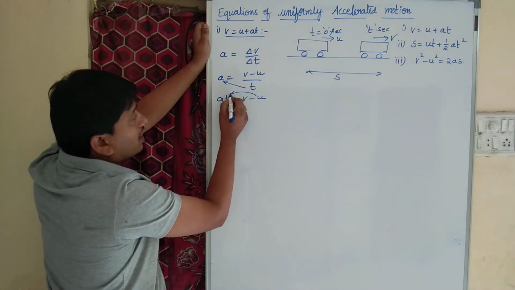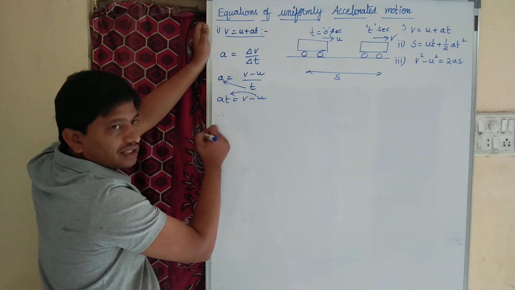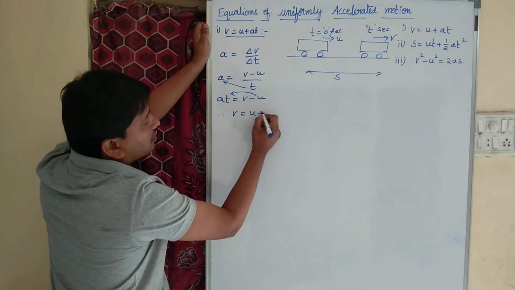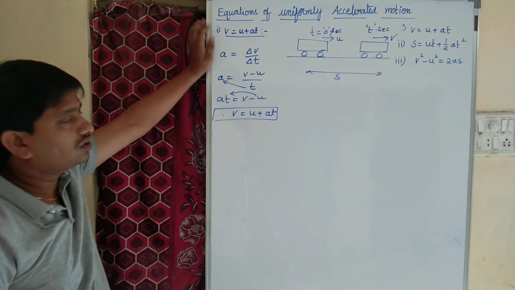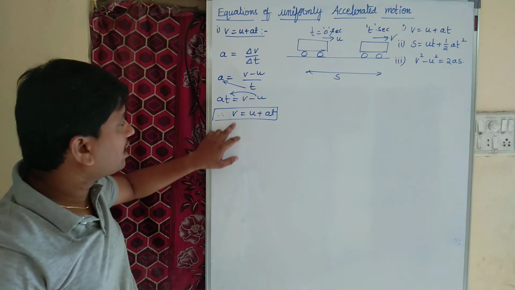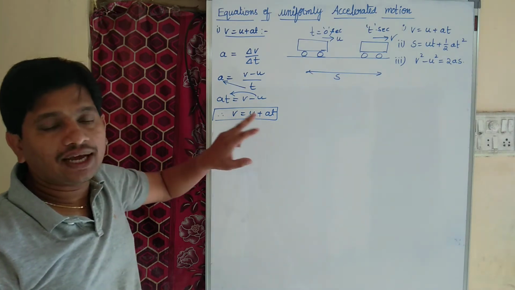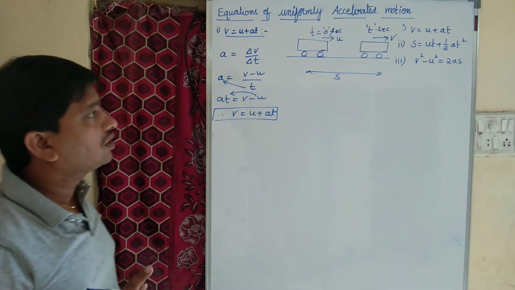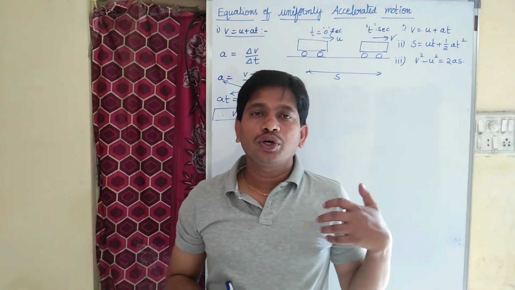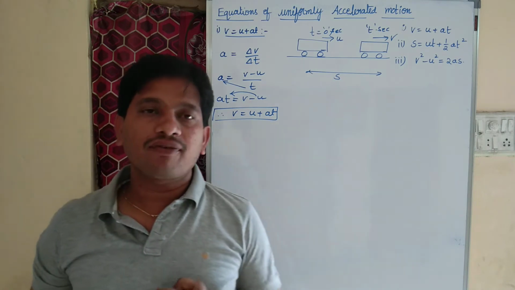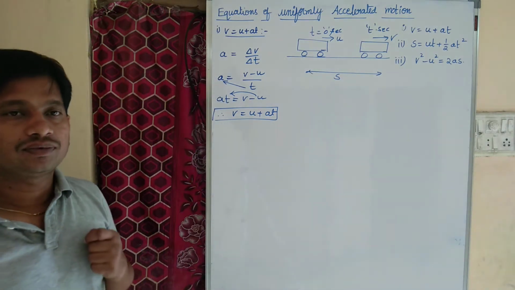Minus u you transpose, it will become plus u. Therefore v equal to u plus at. So this relationship gives the velocity acquired by a body in time t. That is our first equation of motion: v equal to u plus at, velocity acquired by a body in time t.